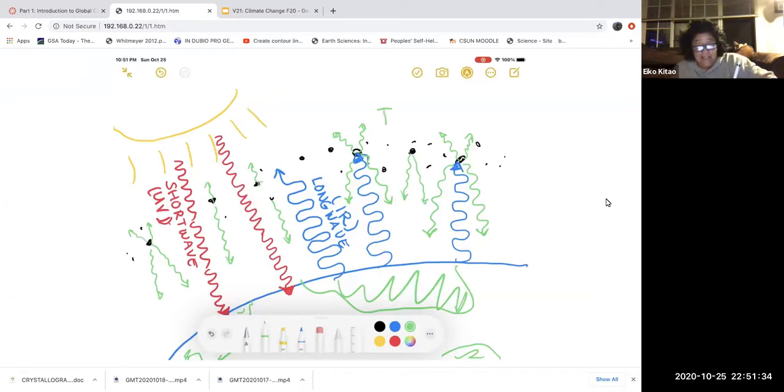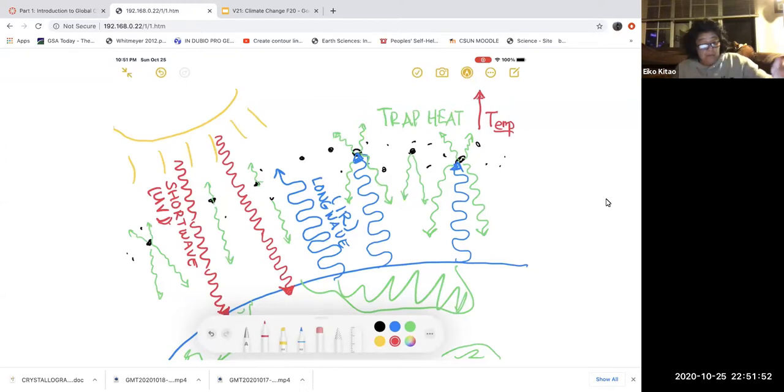Okay, the gases will trap the heat. And what do you do when you trap heat? Boy, I write like a 5-year-old. We raise the temperature, right? And that could be problematic.